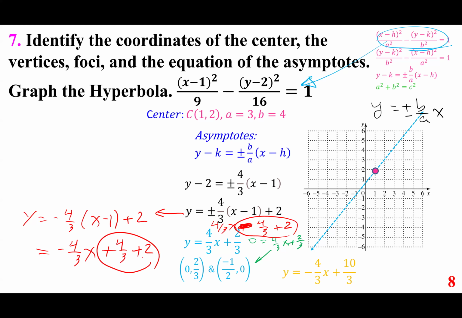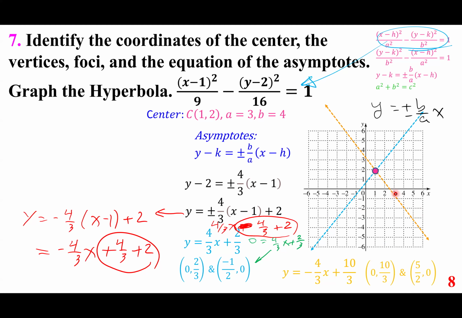And now 0, 10/3, of course. I'm assuming nobody has any problem with the intercept. If I put 0, I get 10/3. And if I set this one equal to 0, minus 4x becomes 10, or 4x becomes 10, 10 over 4, or 5 halves. So I hope everybody is okay with finding intercepts. And the graph of, okay, 0, 10/3, that means 3 and 1/3, a little bit above 3, and 5 halves, 2.5. So those are the ones.